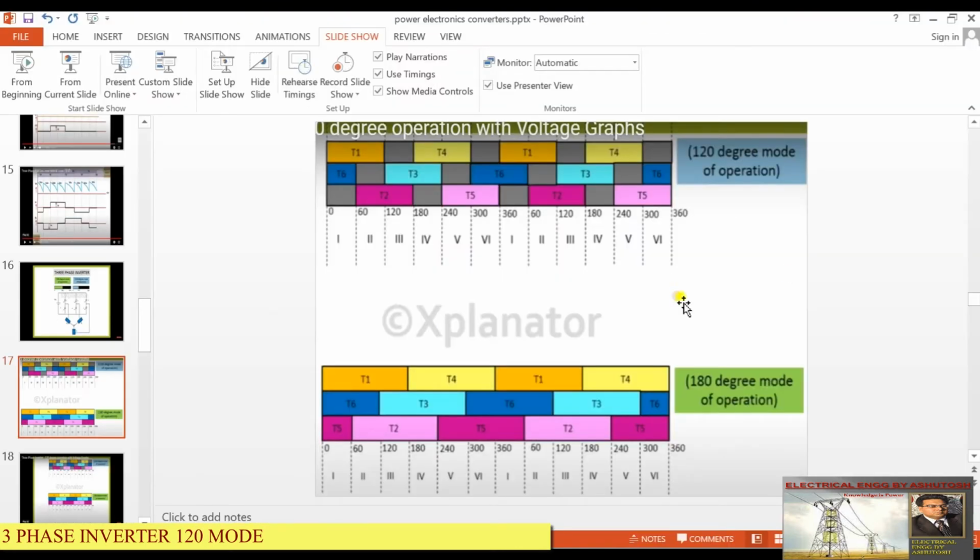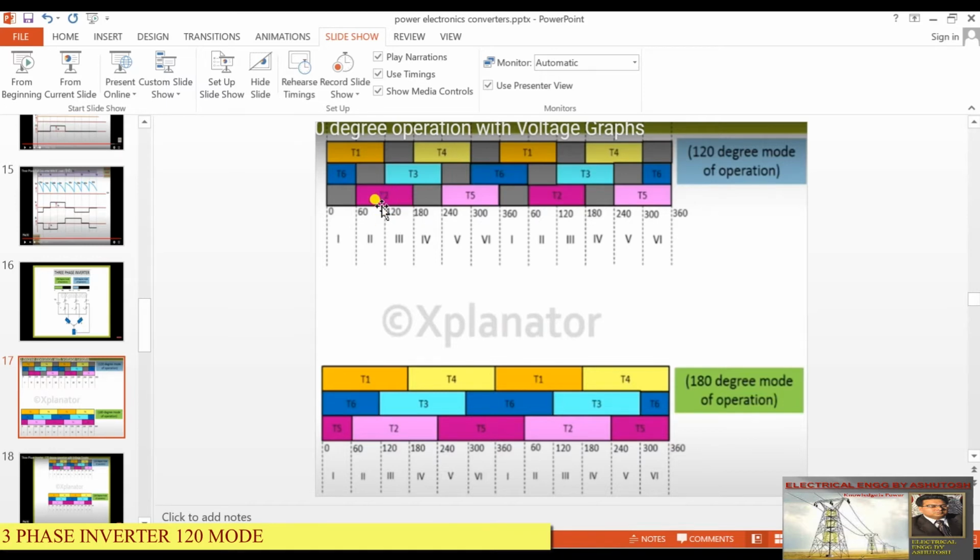So you can see T4 conducts from 180 degrees up to 300; these are the firing angles, the conduction angle from 180 to 300 degrees. Now what happens after the conduction of T1 ends at 120 degrees? The second leg's third IGBT starts conducting after a phase difference of 120 degrees.